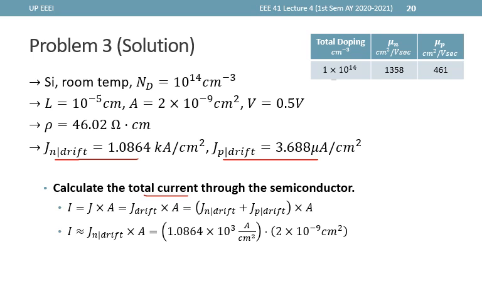However, since Jp drift is very small, we can approximate the total current to just be equal to Jn drift times A. So the value of Jn drift is 1.0864 times 10 raised to 3 amperes per cm squared. We multiply that with the area, which is 2 times 10 raised to minus 9, and be able to compute this value. I is equal to 2.1728 microamperes.